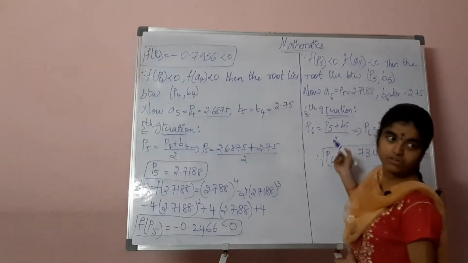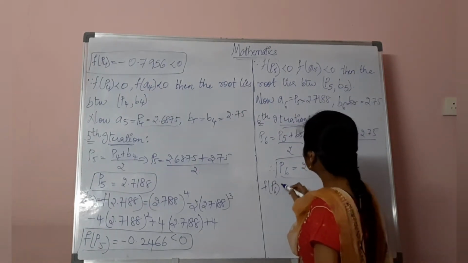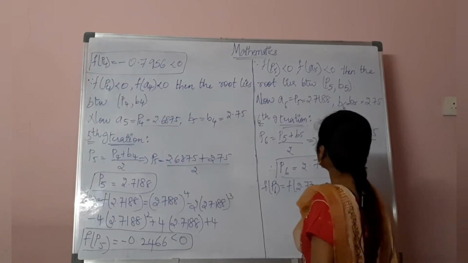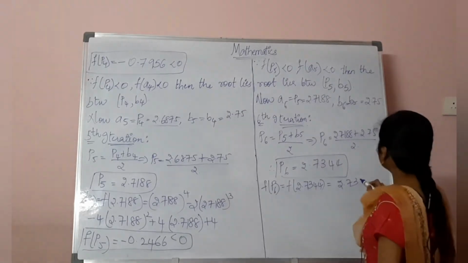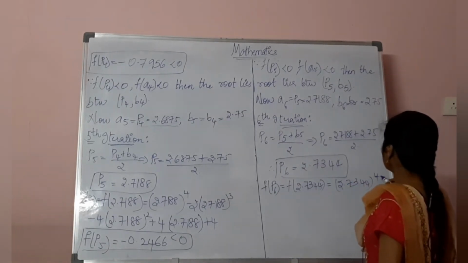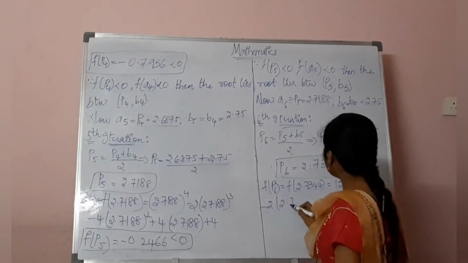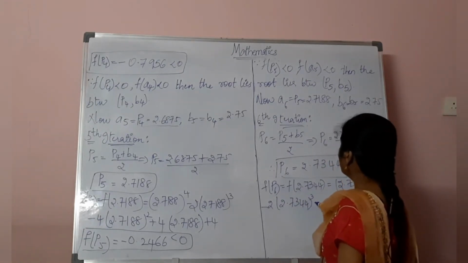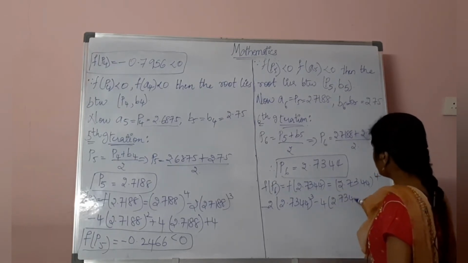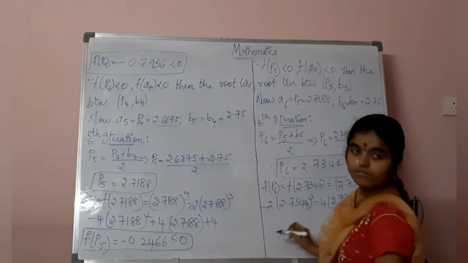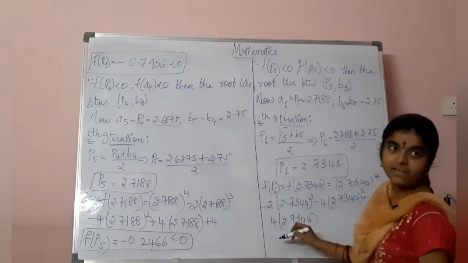What is the value of P6? 2.7344. Now we have to substitute this P6 into the given equation. f of 2.7344 equals 2.7344 power 4 minus 2 into 2.7344 cube minus 4 into 2.7344 whole square plus 4 into 2.7344 plus 4.